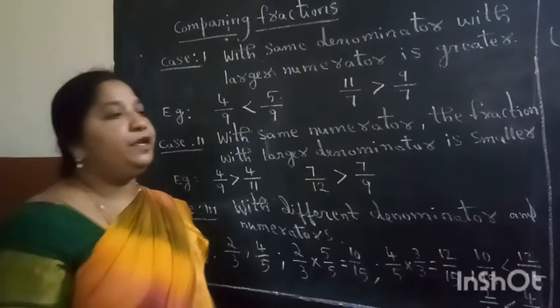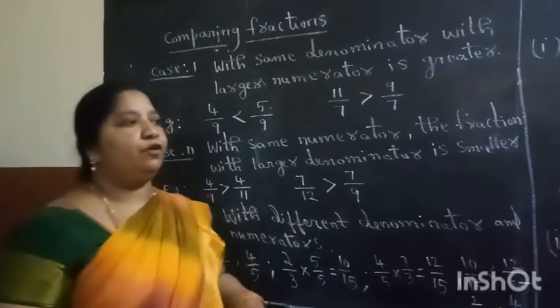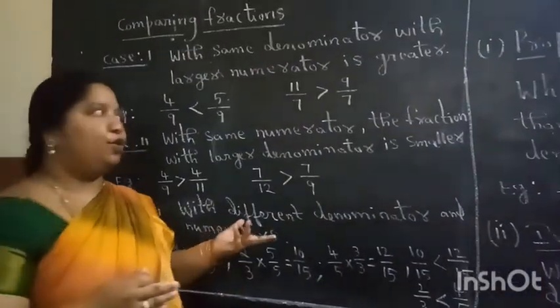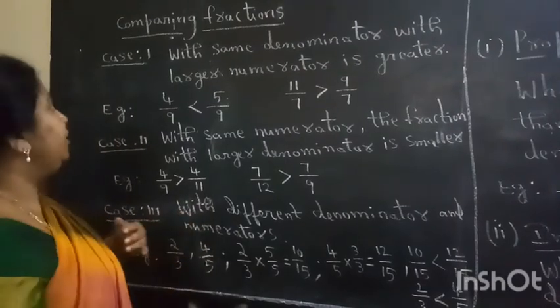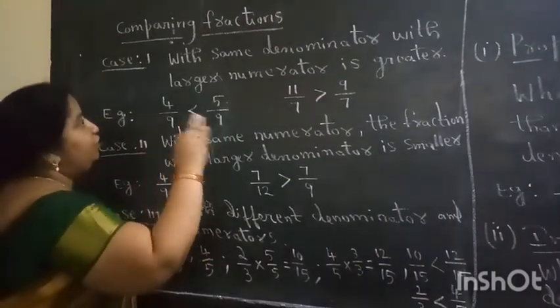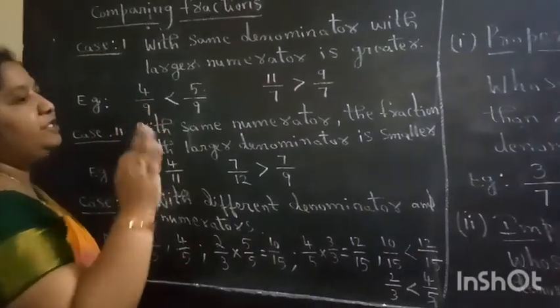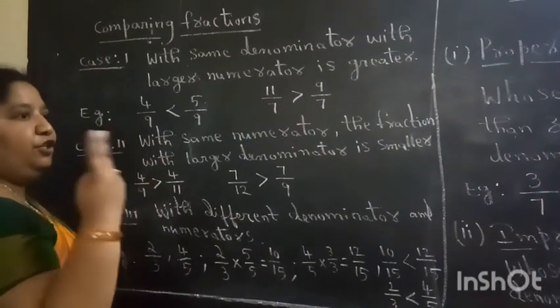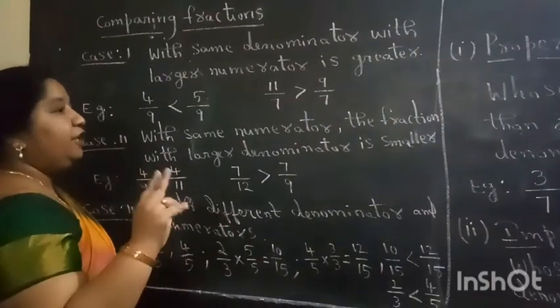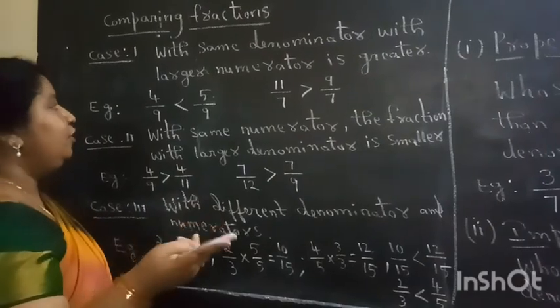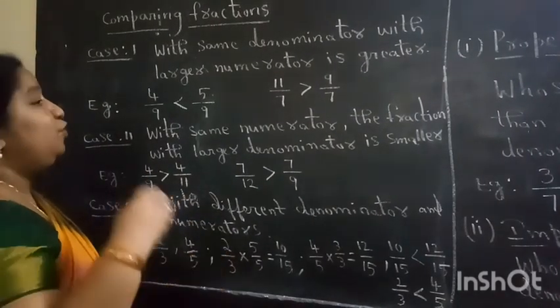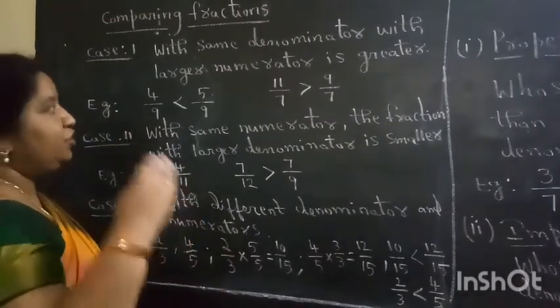Next, comparing fractions. How do you compare? Which one is greater, which one is smaller? There are three cases. First case: with the same denominator, the fraction with the larger numerator is greater. Suppose you take any fractions having the same denominator, then the fraction with the greater numerator is greater.